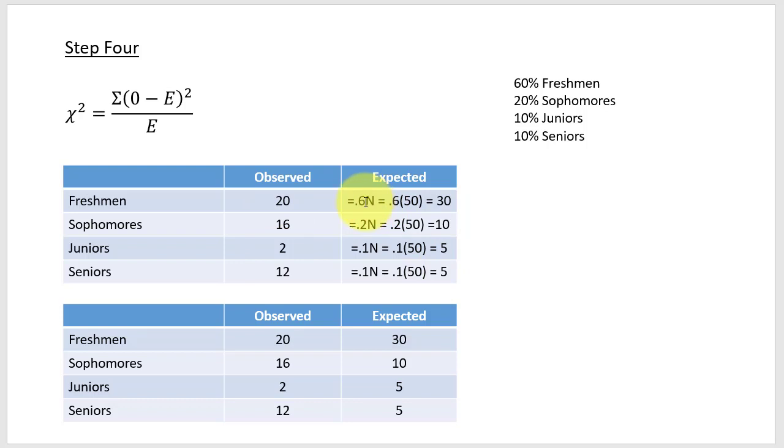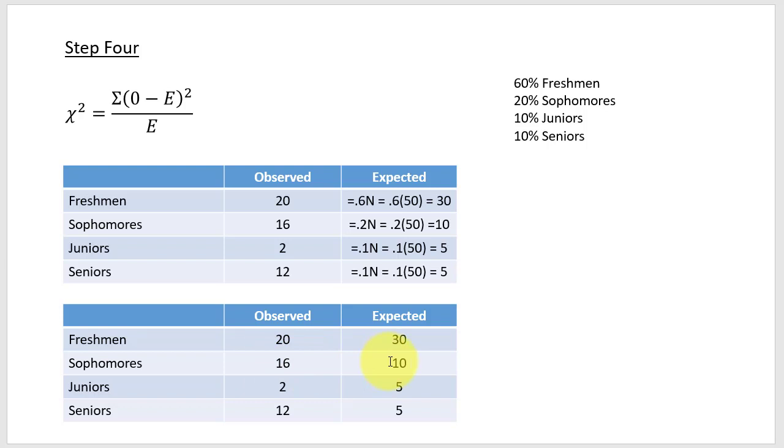So what we do is we multiply the number of people in the sample times the percentage of time we expect them to occur. So if there are 50 people in the sample, we multiply it by 0.6, which is the same as 60%, we get 30. We did the same thing for sophomores, juniors, and seniors, so our expected frequencies become 30, 10, 5, 5. Our new table indicates that we observed 20 freshmen, we expected 30.